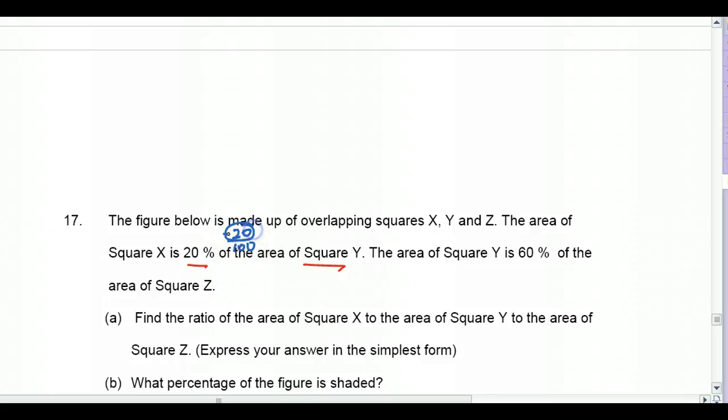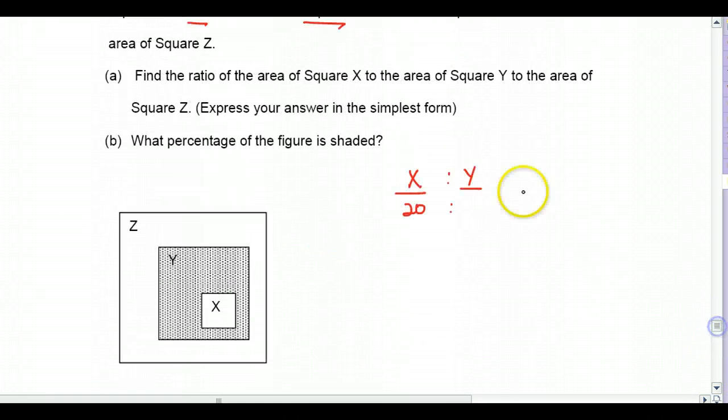So 20% is X, 100% is Y. Okay, so now I know this is 100%. So simplest form, 2 is to 10.